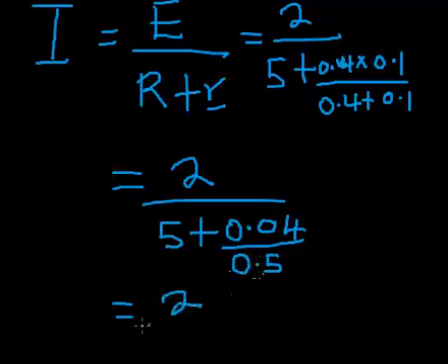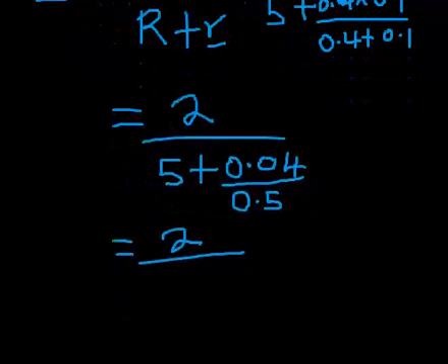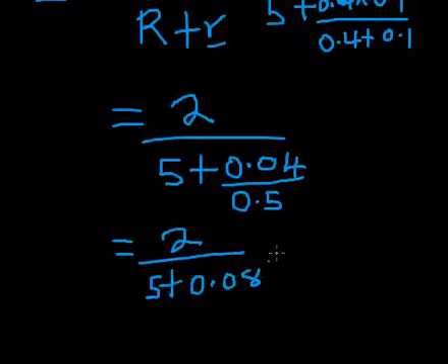Let's get this over with. 0.04 divided by 0.5 gives 0.08. So 5 plus 0.08 is 5.08, and we have 2 divided by 5.08.